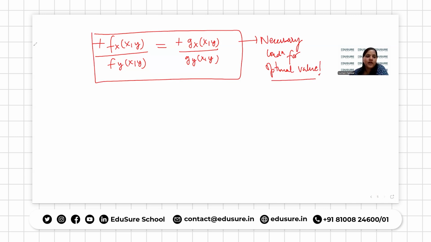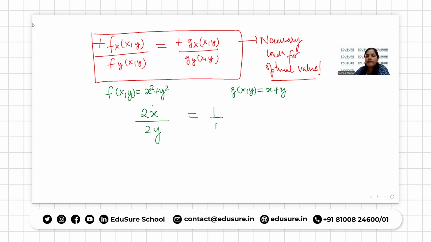Now, in the example which we had taken, our f(x,y) was x square plus y square and our g(x,y) was x plus y. So if we put the first derivatives, that is 2x by 2y equals 1 by 1.